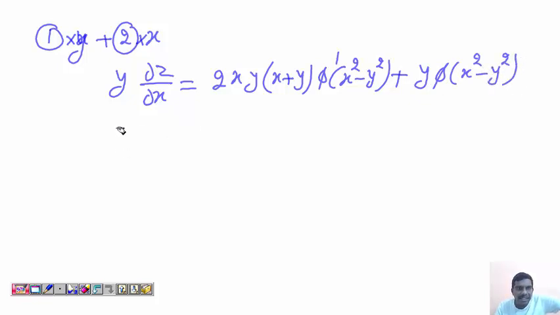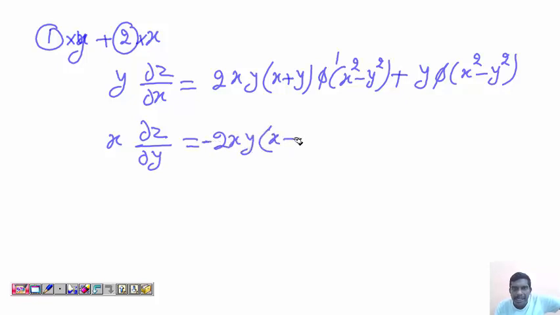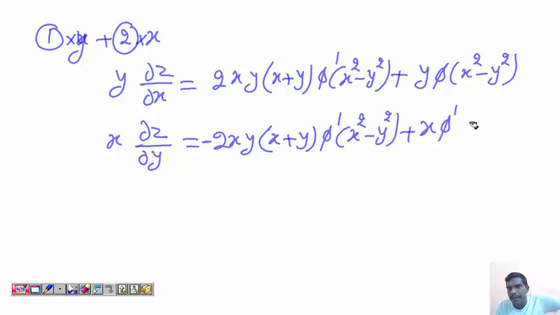And the second equation is x into dou z by dou y, which is equal to minus 2xy into x plus y into phi dash of x square minus y square, plus x into phi of x square minus y square.